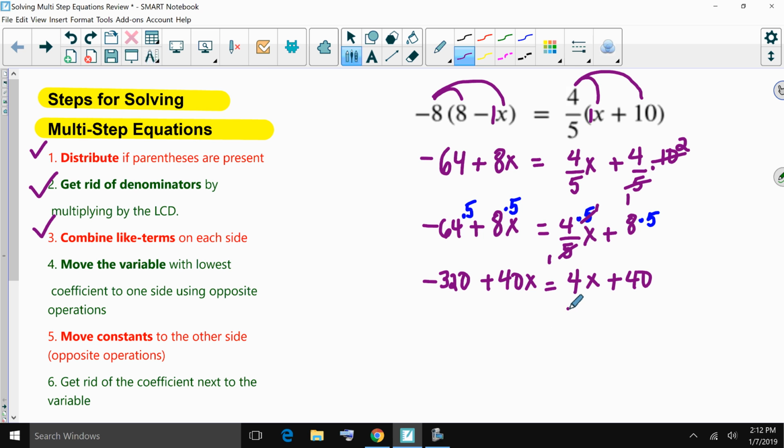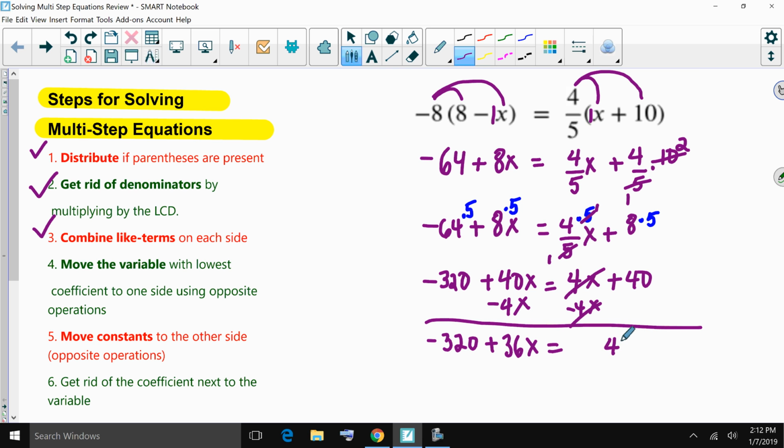Okay, so I'm going to subtract 4x on this side, and I'm going to subtract 4x on this side. When I do that, I get negative 320, 36x. The 4x's are gone, bye-bye. And then I have the 40.